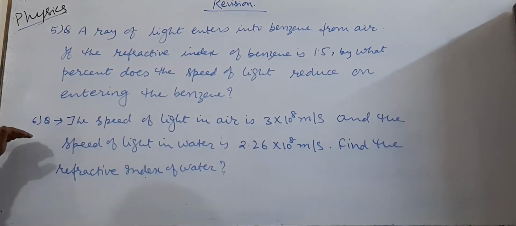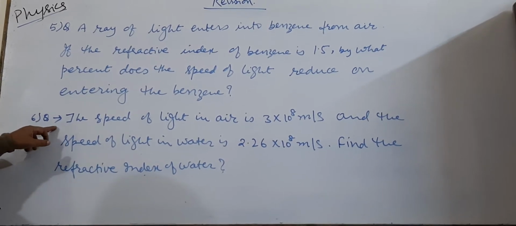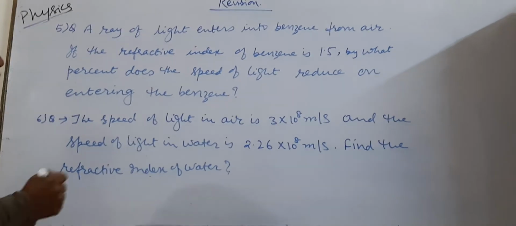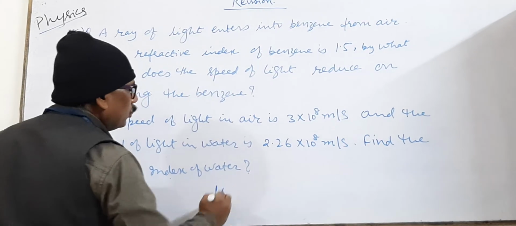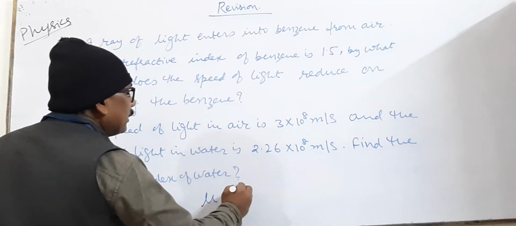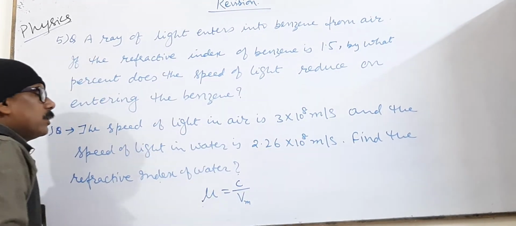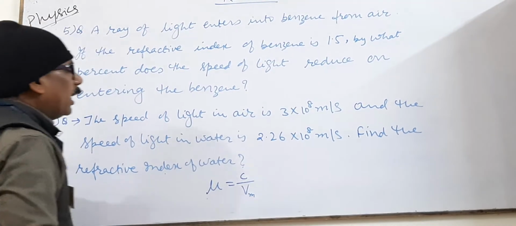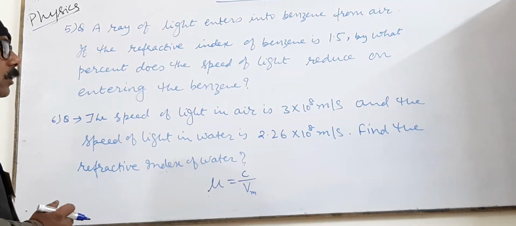So first we will explain this question, because you know the formula of refractive index, that is mu or n, you can write it, that is C by Vm. Means velocity of light in air upon velocity of light in medium.